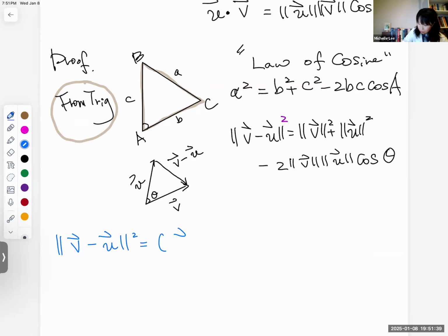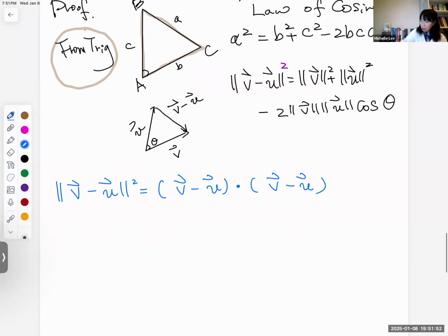Then we multiply it out, as we did earlier, with the dot product.